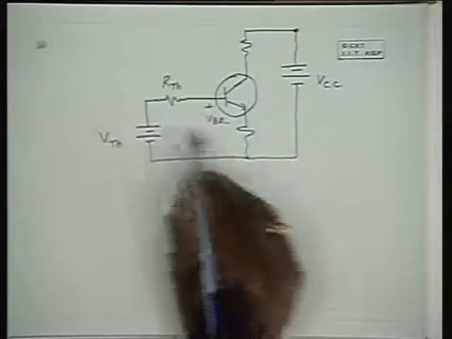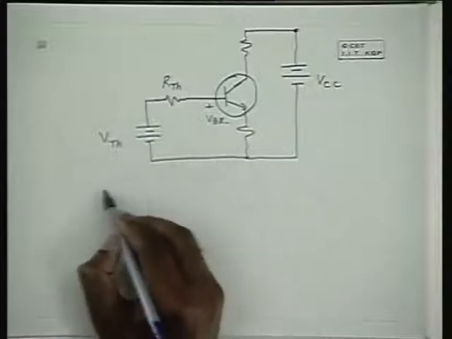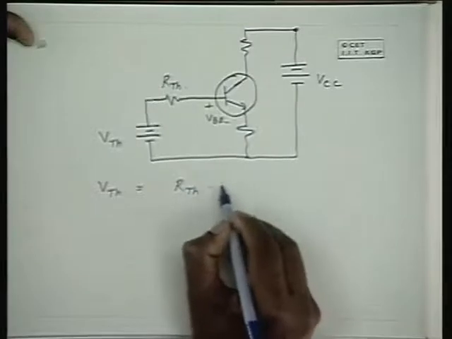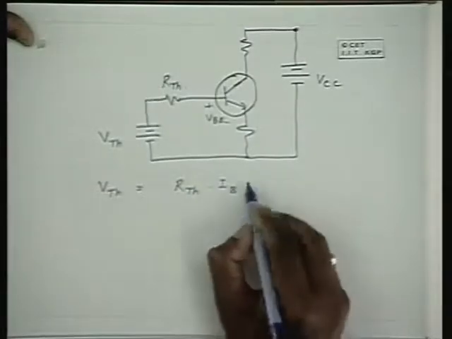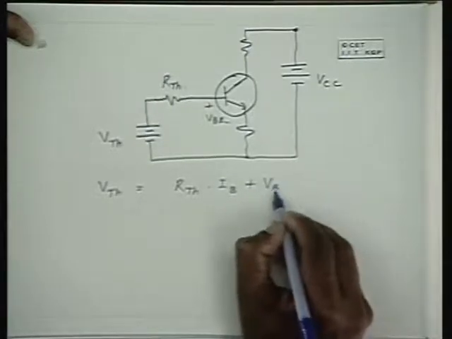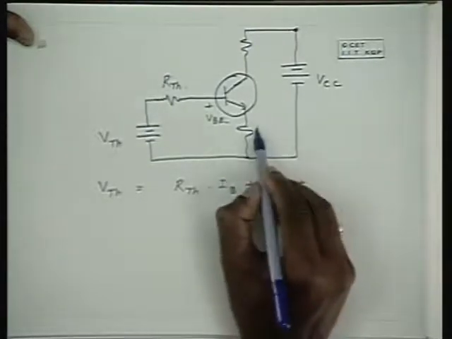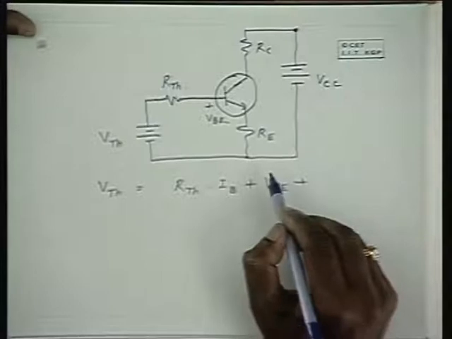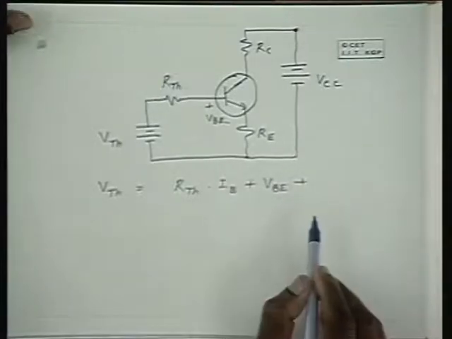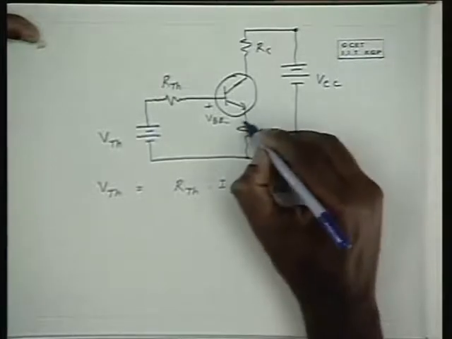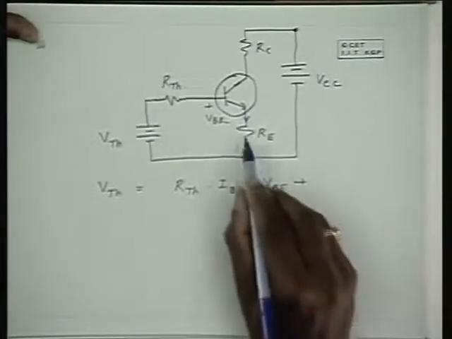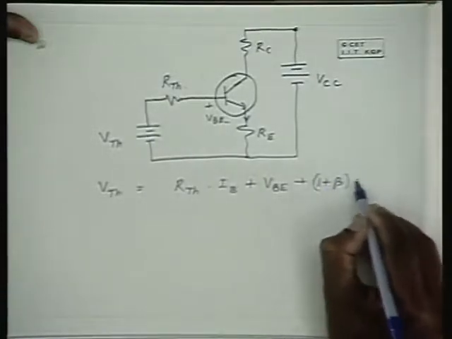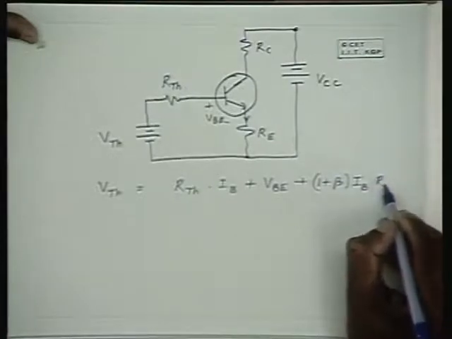Therefore, the Kirchhoff's voltage law in this mesh gives us V Thevenin equal to R Thevenin into IB plus VBE plus the voltage drop across RE, and the voltage drop across RE is equal to IE into RE, and IE in terms of IB is 1 plus beta into IB into RE.